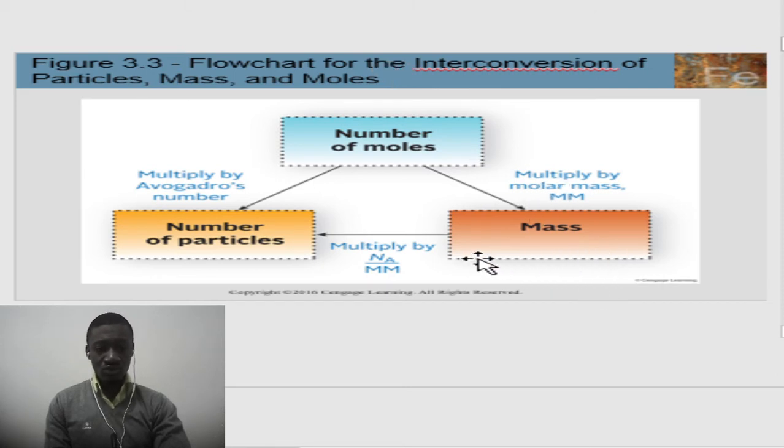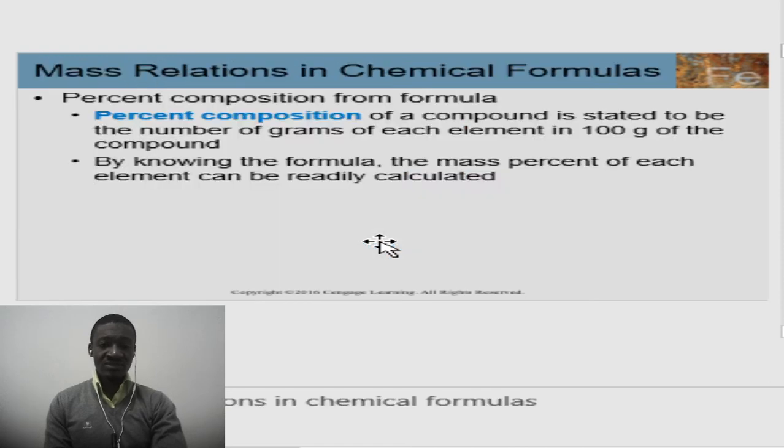And then for you to go to the number of particles, you multiply by your Avogadro's number. Number of moles multiplied by your Avogadro's number will give you the number of particles. Notice that your number of moles is what connects these two, and then also gives you mass to number of particles. So it just shows the interconnectivity between them.